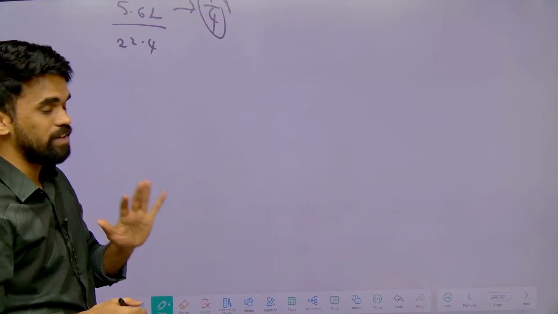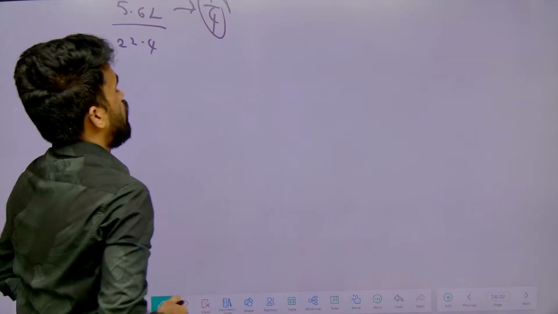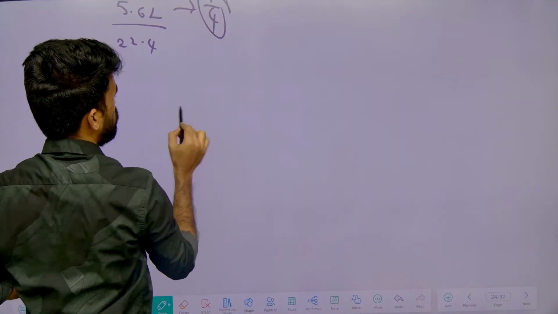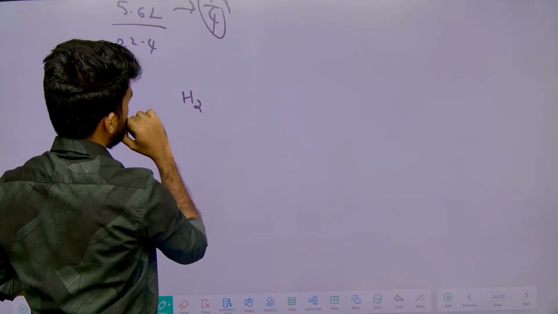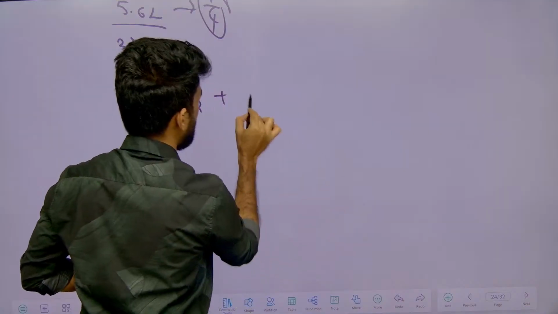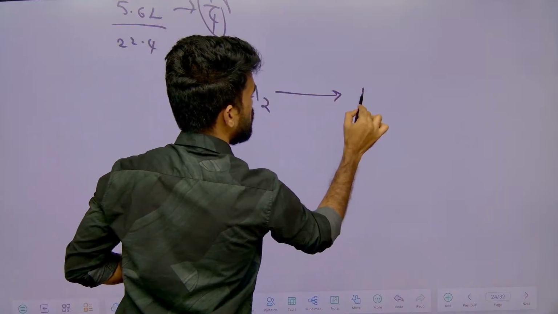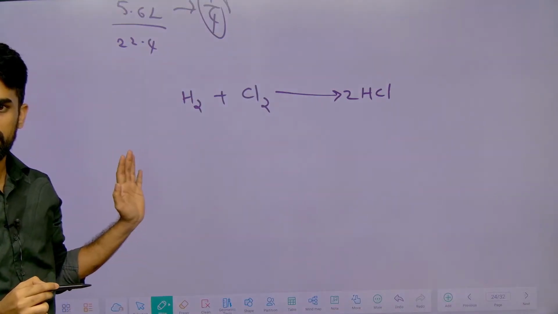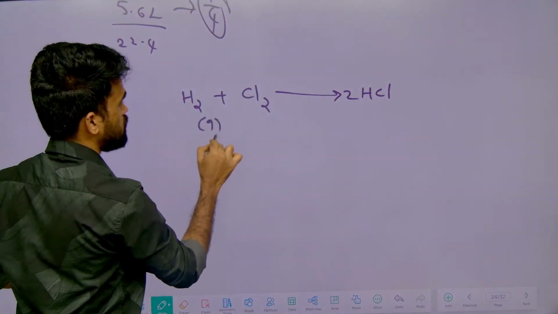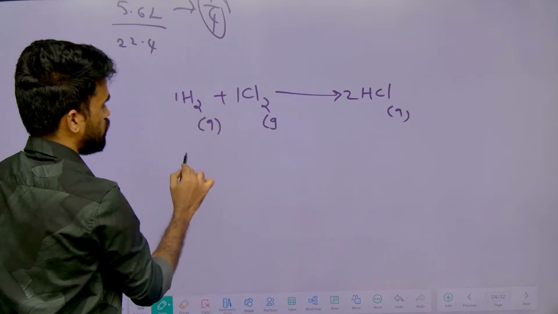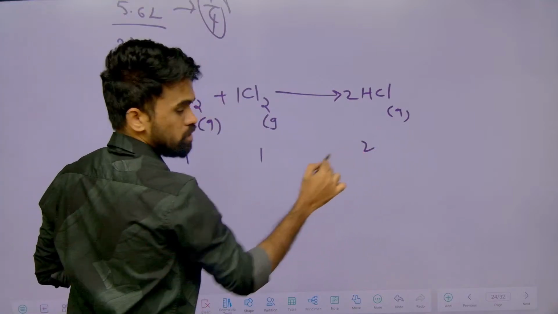stoichiometric calculations we will do now. Okay, before that, just see H2. You take any equation. Let us take this very fundamental and textbook example, H2 plus Cl2 gives HCl. First of all, look at this equation. Is it balanced or not? Mention their physical states: gas, gas, gas. What are the stoichiometric coefficients we have? 1 mole, 1 mole, 2 moles.